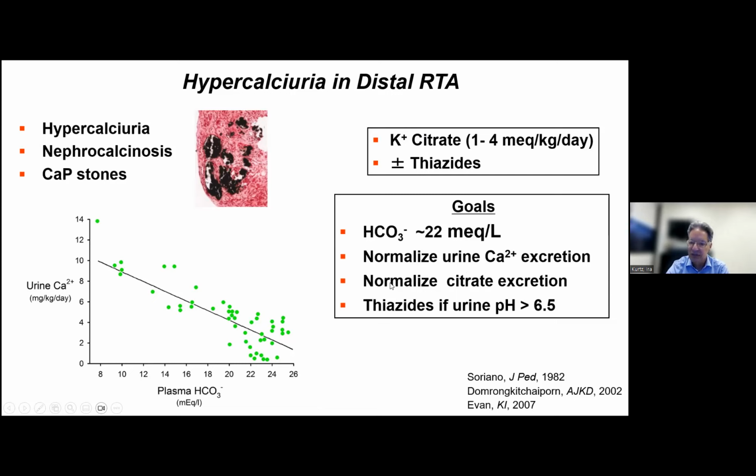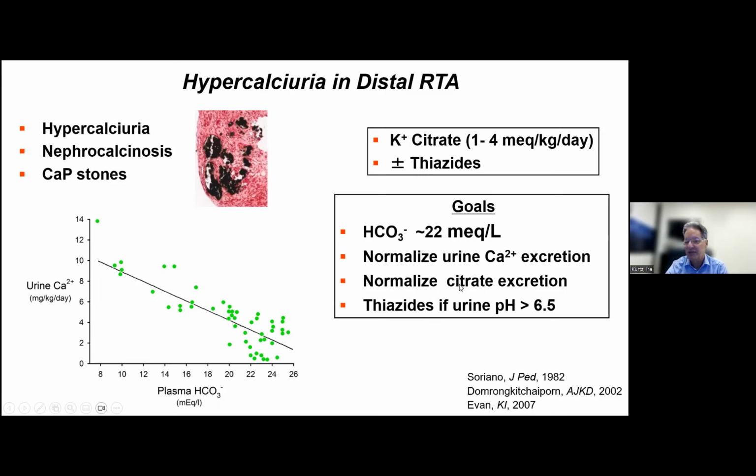You also try to normalize the citrate excretion because you're trying to get the citrate up in the urine, and that will help get rid of the ionized calcium that's binding to the phosphate. So it'll decrease the propensity to get calcium phosphate stones. And you give thiazide if the urine pH gets above a certain amount to prevent the alkalinization of the urine from the citrate, because what you don't want to do is alkalinize the urine too much, which you will do.